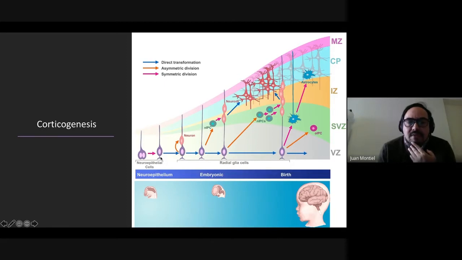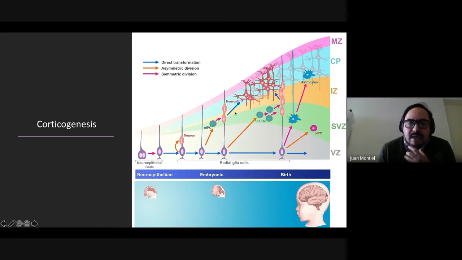So you can amplify the number of progenitors if you divide them in this way, or you can have an asymmetric division, which generates postmitotic neurons that are going to migrate radially to the surface. And here we can see how radial glia cells can also generate intermediate progenitors that can also generate more neurons.